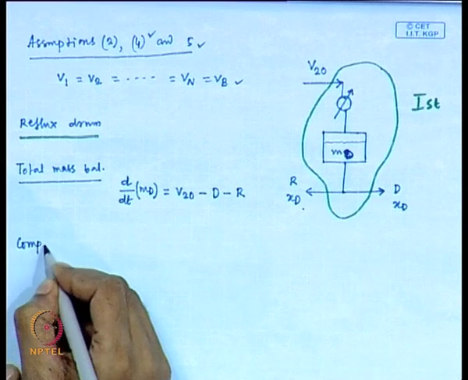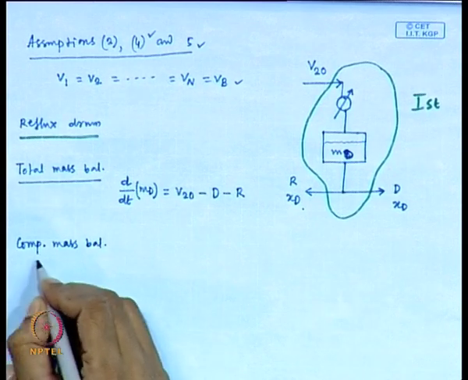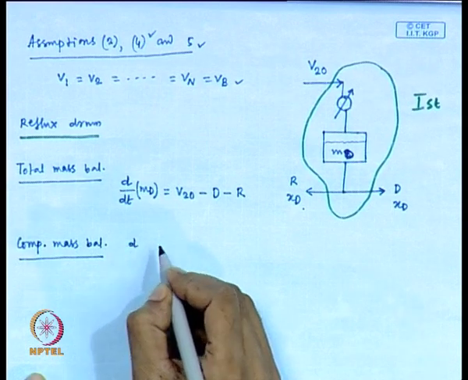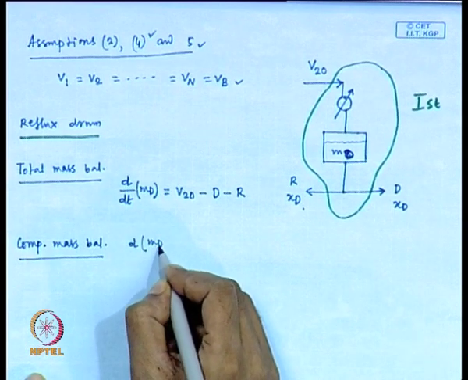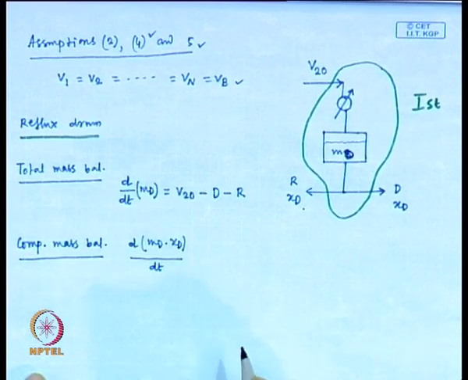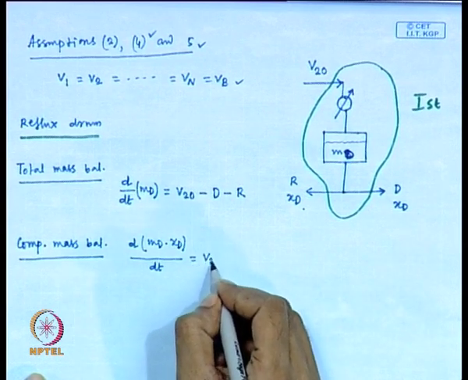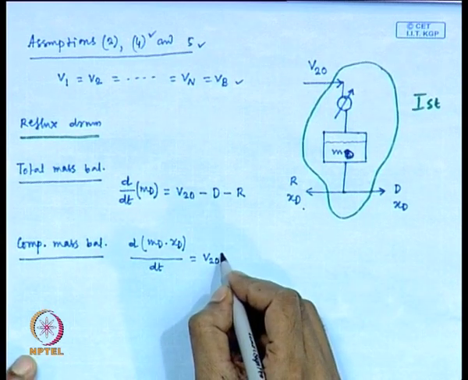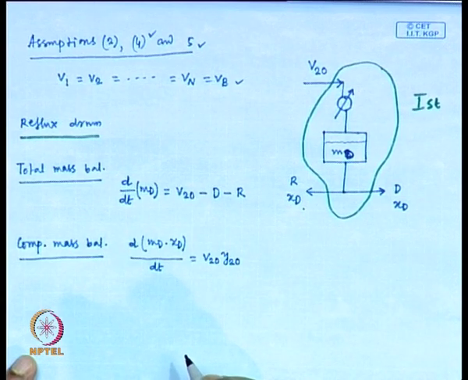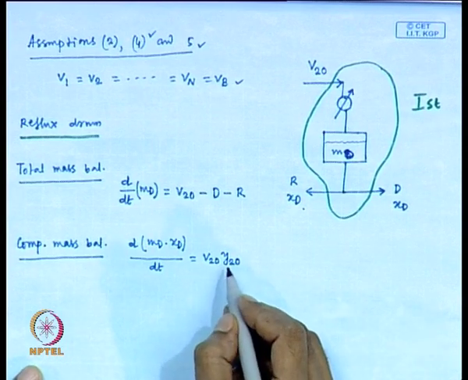Next, we will develop the component mass balance equation. What will be the component mass balance equation? d(MD xD)/dt equals V20. What is the composition? This is a vapor stream, so vapor composition we will represent by Y and liquid composition we will represent by X. So, V20 multiplied by Y20.